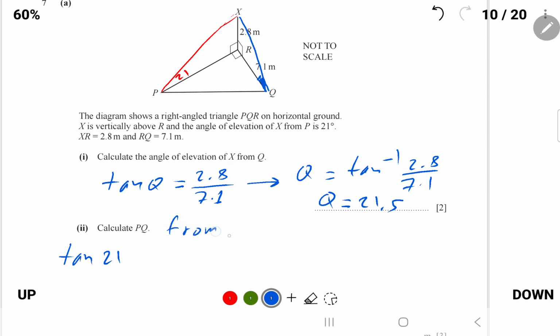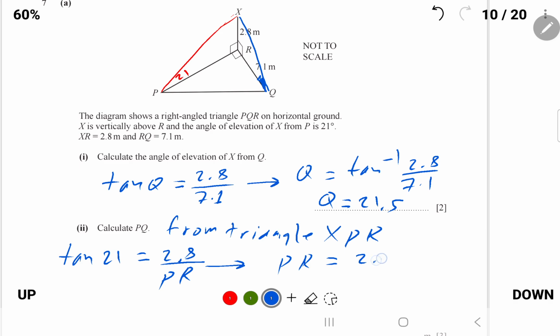So from triangle XPR, we can say tan 21 is equal to 2.8 divided by PR. And if you rearrange this, you get PR is equal to 2.8 divided by tan 21. Like this we got PR.